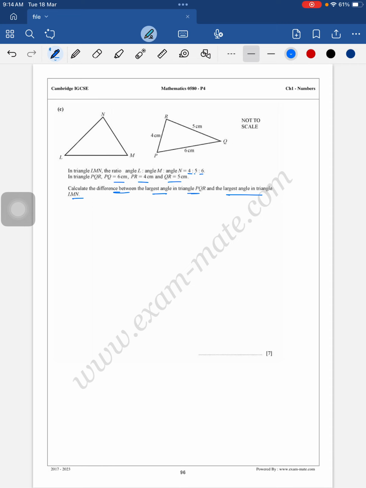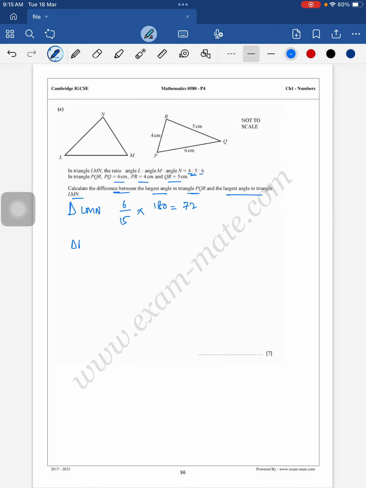So the biggest angle will be formed from the biggest ratio, that is 6. So 4 plus 5 is 9, 9 plus 6 is 15. 6 upon 15 multiplied by 180, that is the whole angle of a triangle, we are getting 72. So that is the biggest angle of triangle LMN.